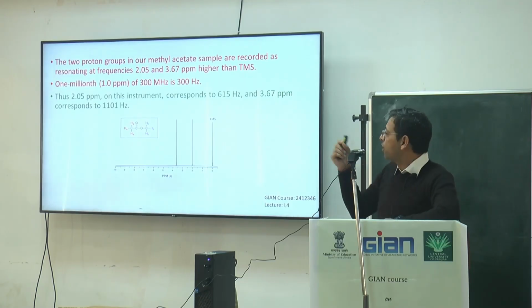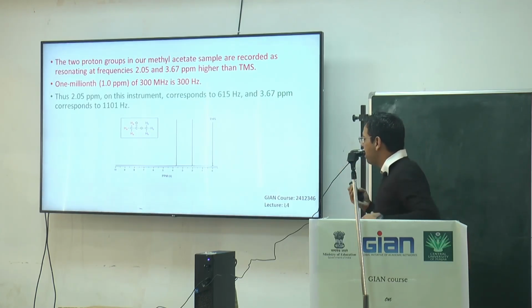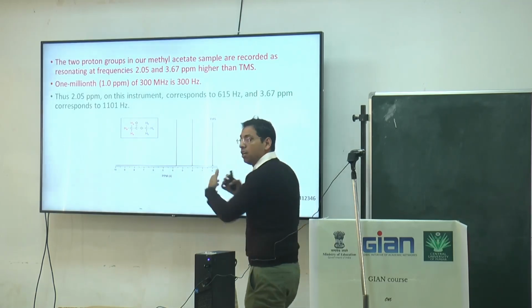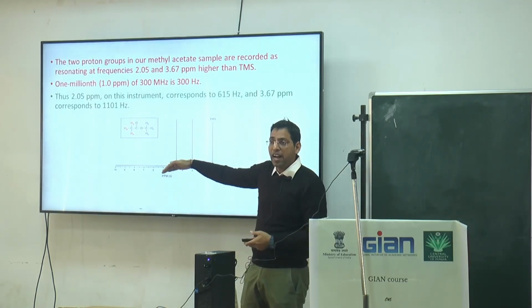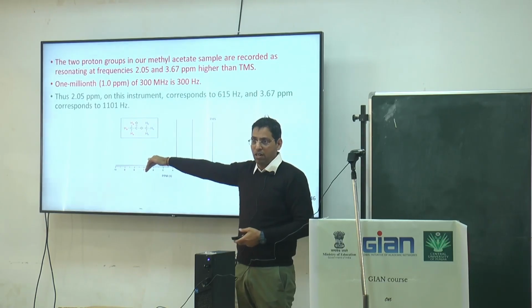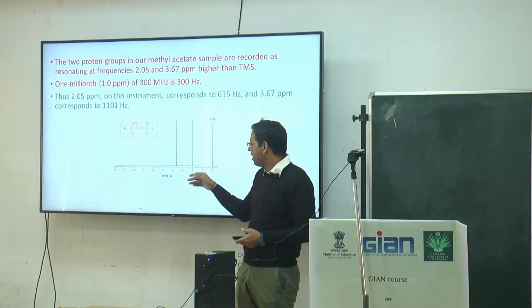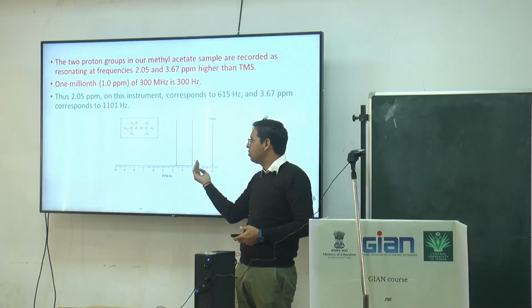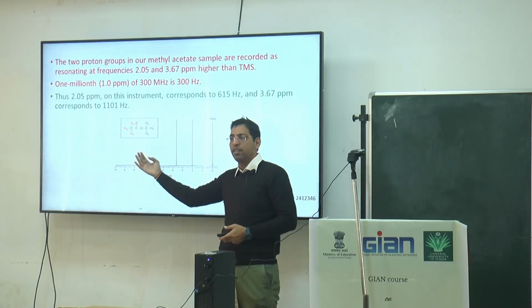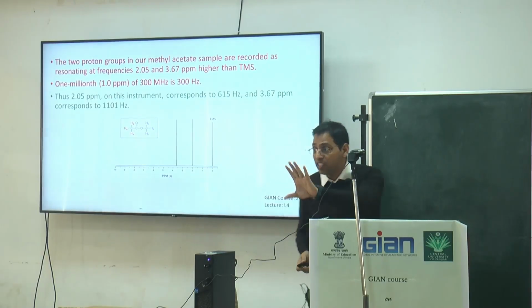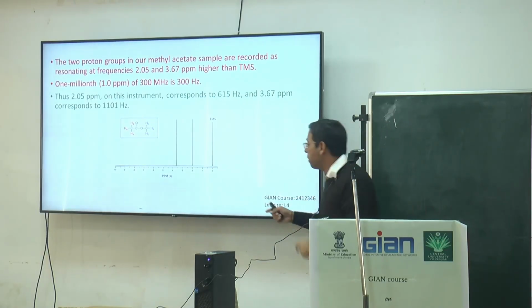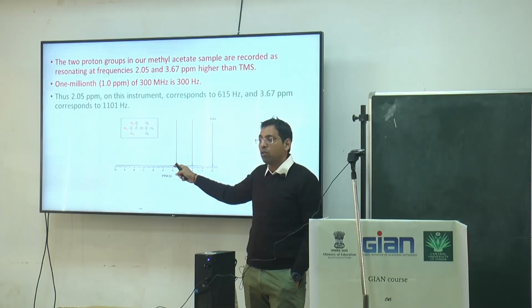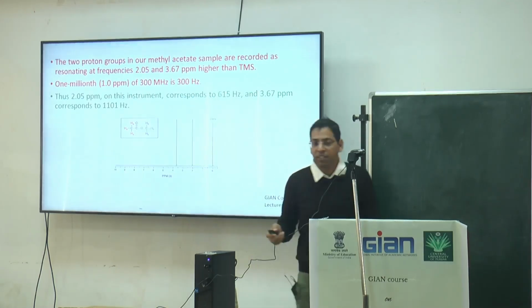If you go this way, molecules resonate at a higher frequency. So this is the least one, that is 0, and whatever molecules move this way resonate at a higher frequency. So ppm is the number reflecting where protons give their response at a particular site.